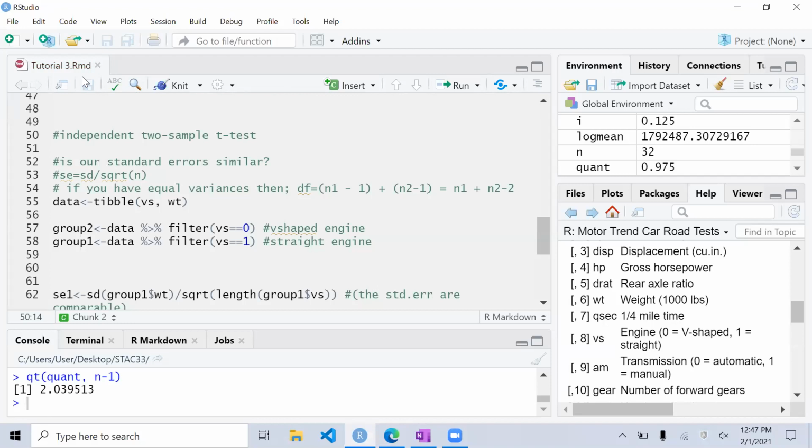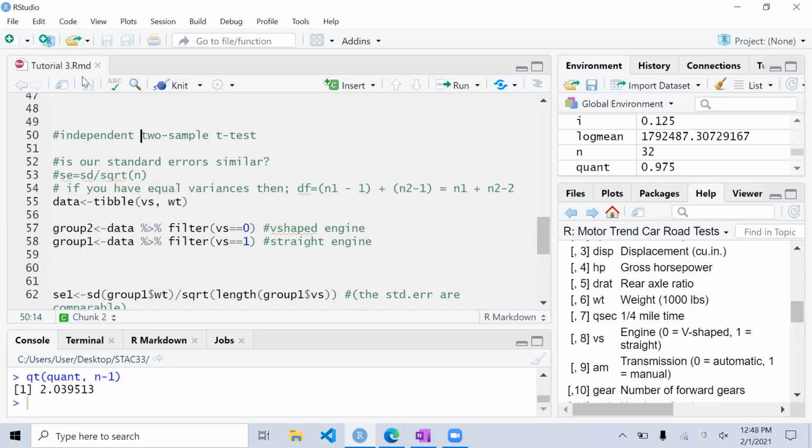So the thing I checked, other than the independence of the samples, is that the standard errors are similar. This notion of similar variances is not a trivial one. If your variances are not similar, you're looking at a Welch t-test, not a pooled t-test, and that can change the nature of significance.